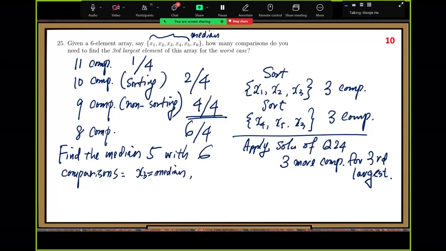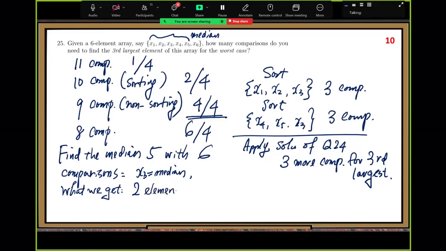After we apply this median of 5 algorithm, what do we get after that?